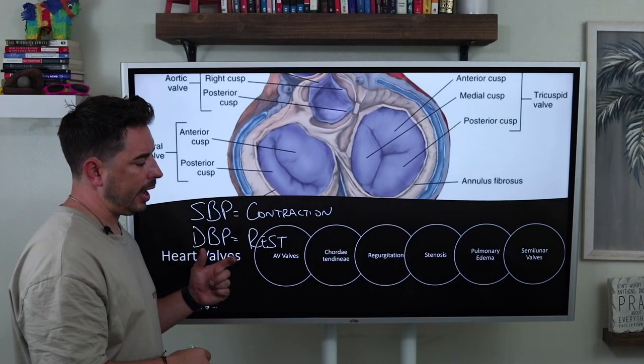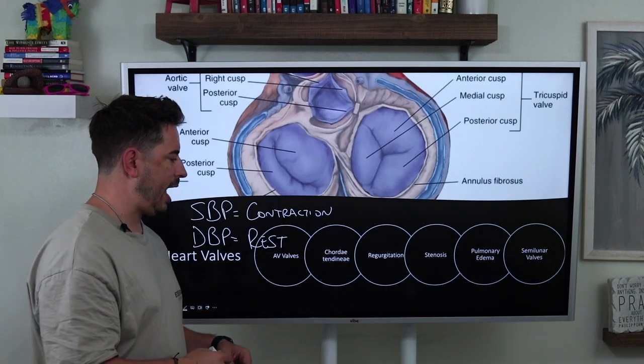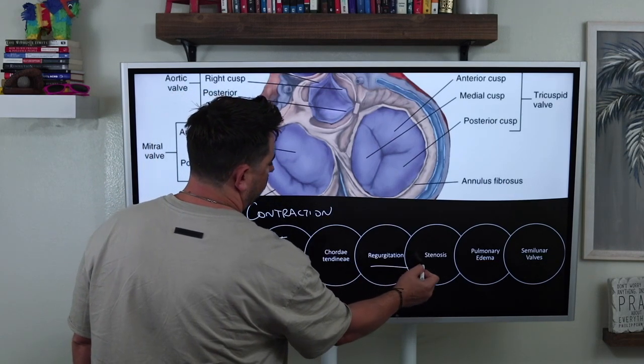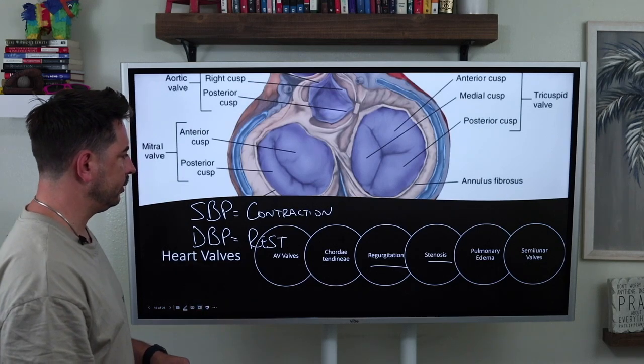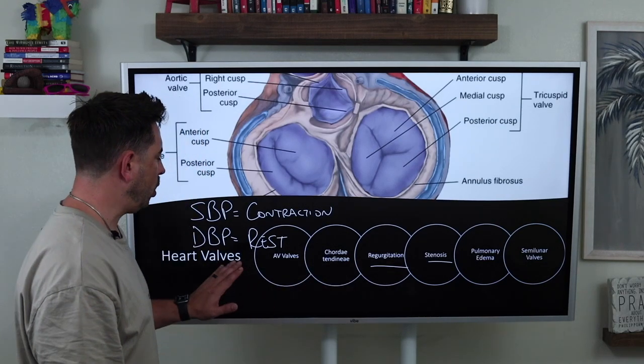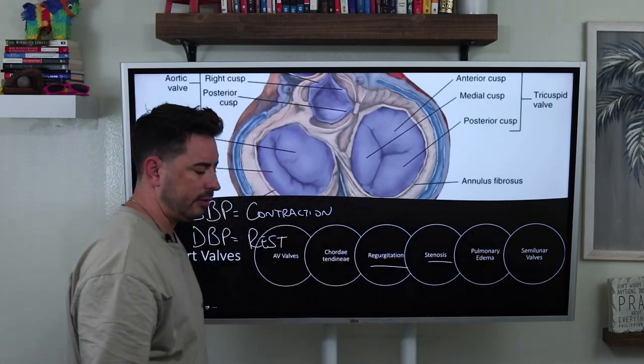So the semilunar valves can actually have regurgitation or stenosis as well. These conditions don't only impact the AV valves, they can hit the semilunar valves as well.